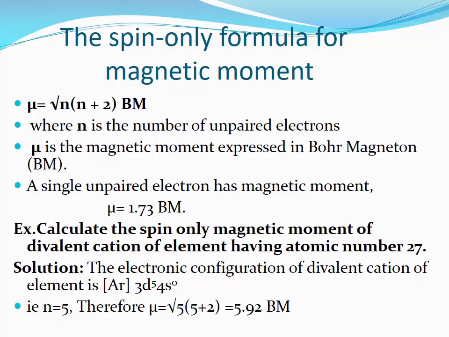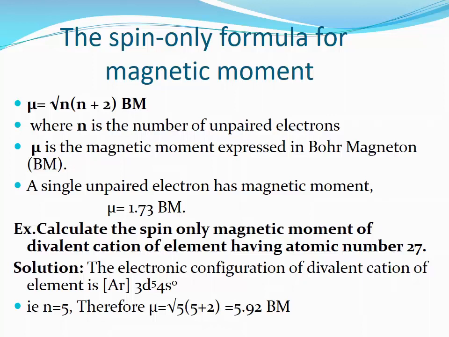Calculate the spin-only magnetic moment of the divalent cation of the element having atomic number 27. Solution for this: the electronic configuration of the element having atomic number 27 is [Ar] 3d7 4s2. But it is a divalent cation, that is M2+, which has electronic configuration [Ar] 3d7 4s0.